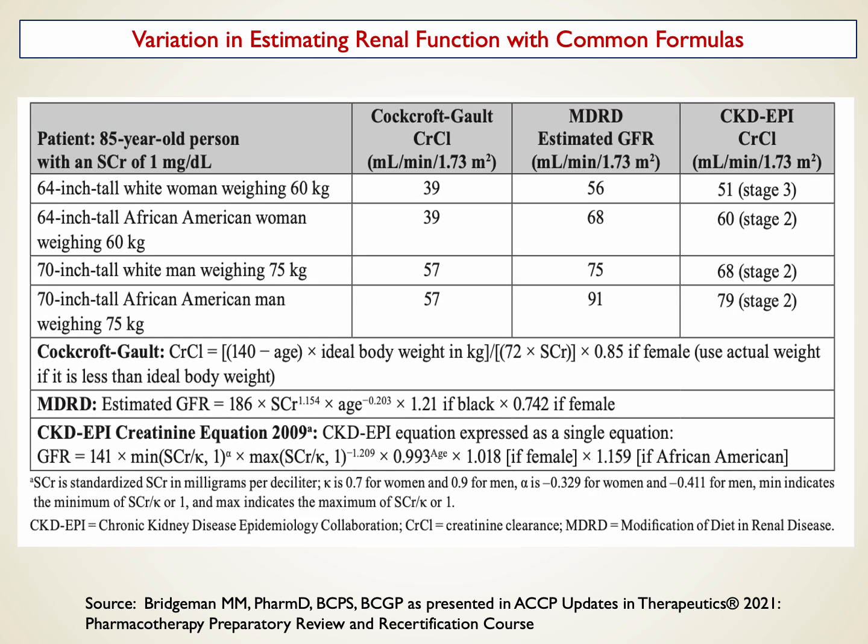One of the big key things I think about is that when we use a formula, or when the lab calculates an estimated creatinine clearance for a patient, you want to be really aware that calculation is an estimate based on a formula. And there's variation in that formula. Sometimes that variation can be dramatic based on the formula you use, while their true renal function may not be reflected in that formula.